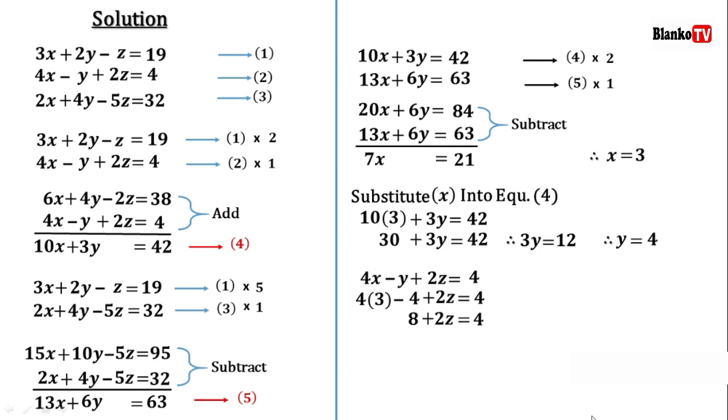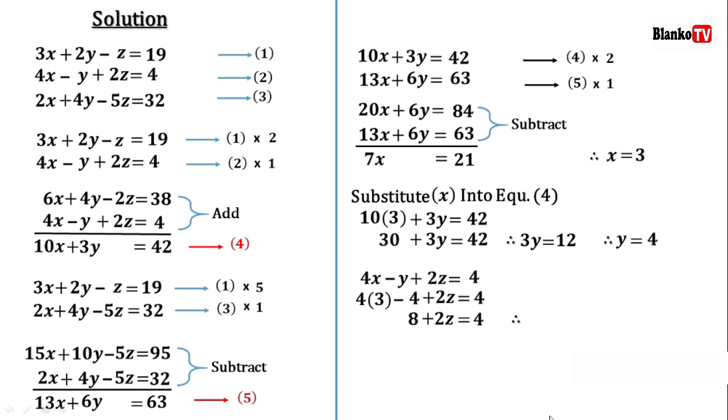That is by means of grouping the like terms, because 4 multiplied by 3 is 12, and 4 subtracted from 12 will give us what? 8. Okay, plus 2z equals 4.